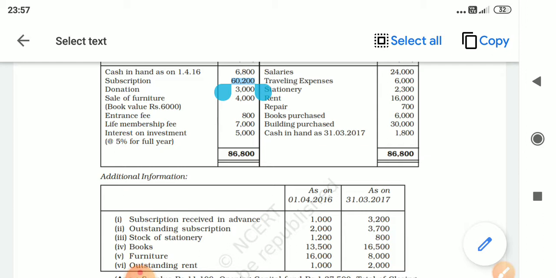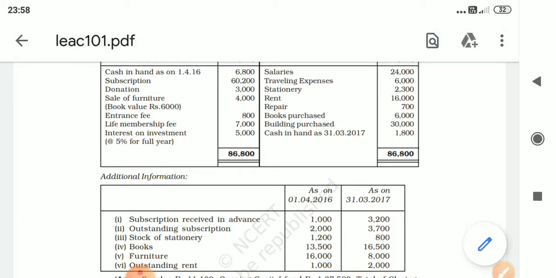With this 60,200, subscription received in advance of previous year actually belongs to current year. So we have to add previous year's advance 1,000. Then we subtract current year's advance 3,200 because it belongs to the next year. Then we assume that previous year's outstanding is included in this.